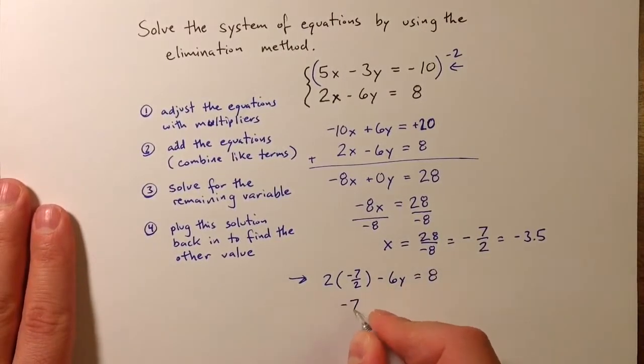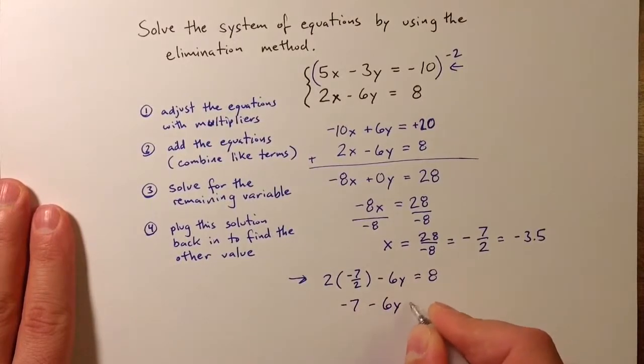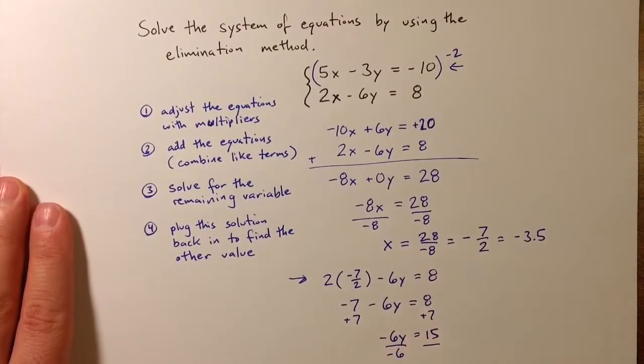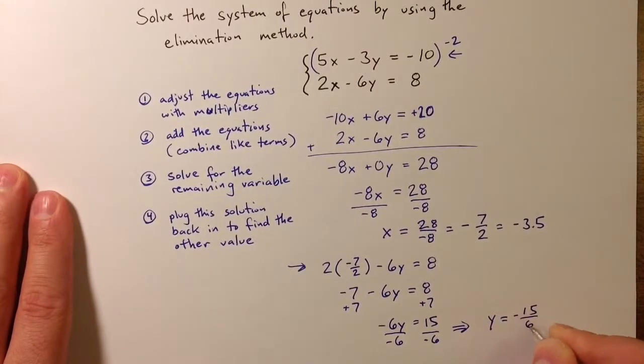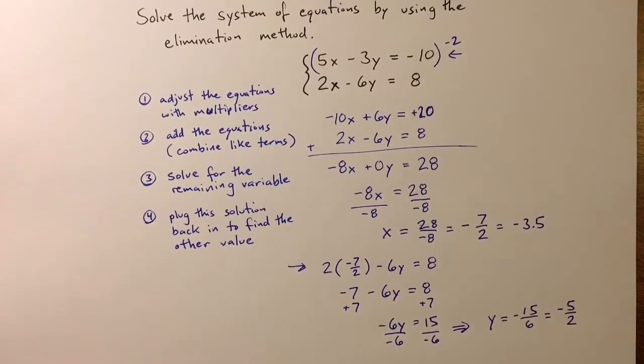So I get negative 7 minus 6y equals 8. If I add 7 to both sides, I get negative 6y equals 15. Dividing both sides by negative 6 gives me y equals negative 15 over 6, which simplifies to negative 5 over 2, dividing both the top and the bottom by 3.